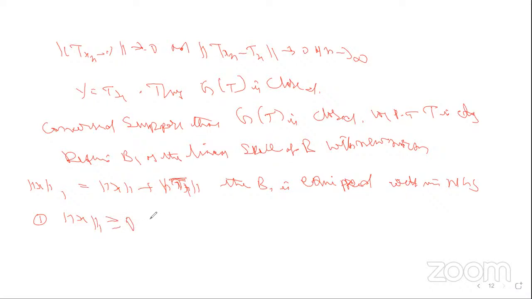Since the norm of x is greater than or equal to 0, and the norm of T of x is greater than or equal to 0, that implies the norm of x1, which equals the norm of x plus the norm of T of x, is greater than or equal to 0 for x belonging to B. Similarly, the other norm conditions.